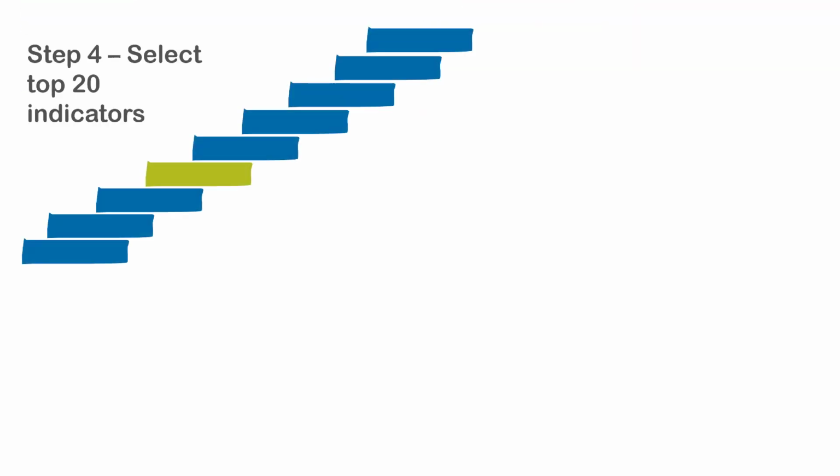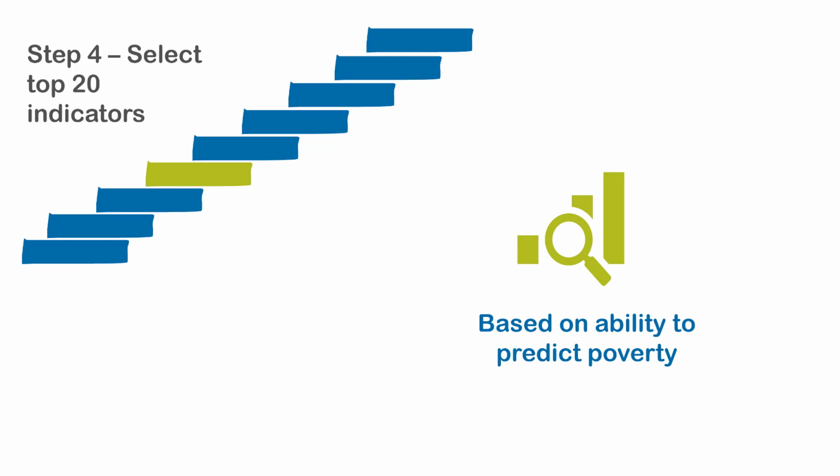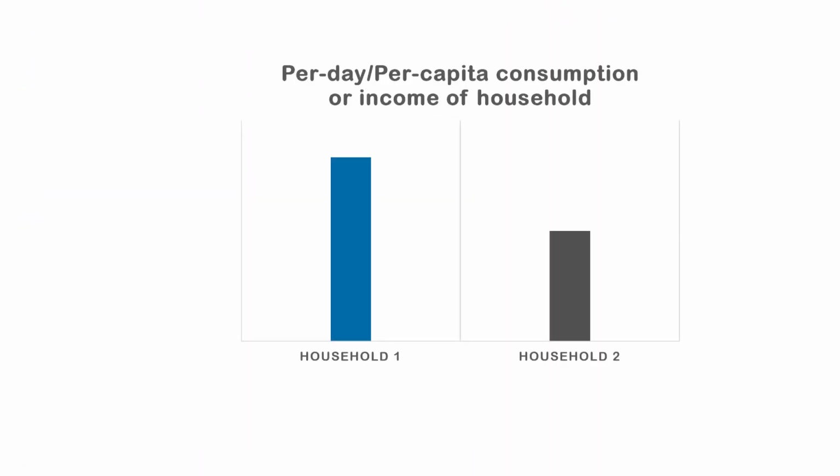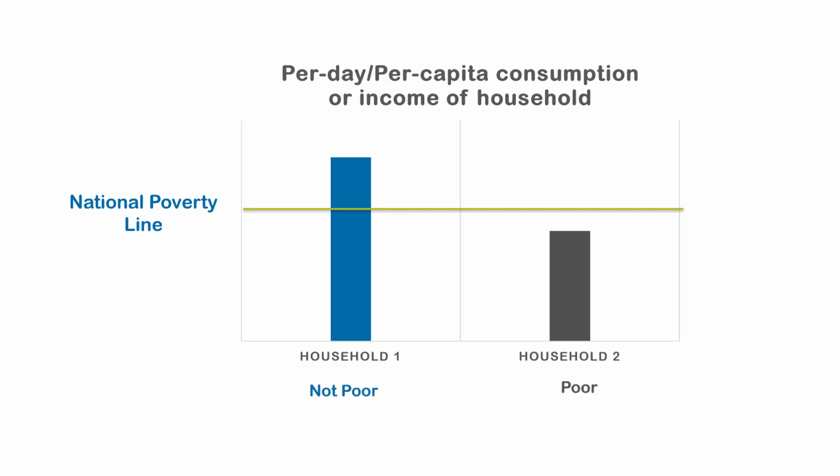In step 4, the model selects the top 20 indicators to include in the PPI through a process of statistical regression based on their ability to predict poverty together. The PPI model first determines if the per day, per person consumption or income of households is below or above the national poverty line and accordingly places them into one of 2 categories: poor or not poor.